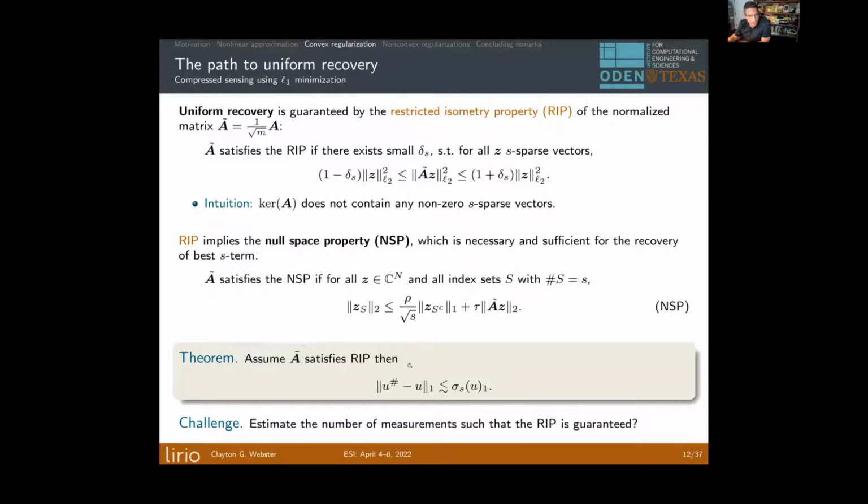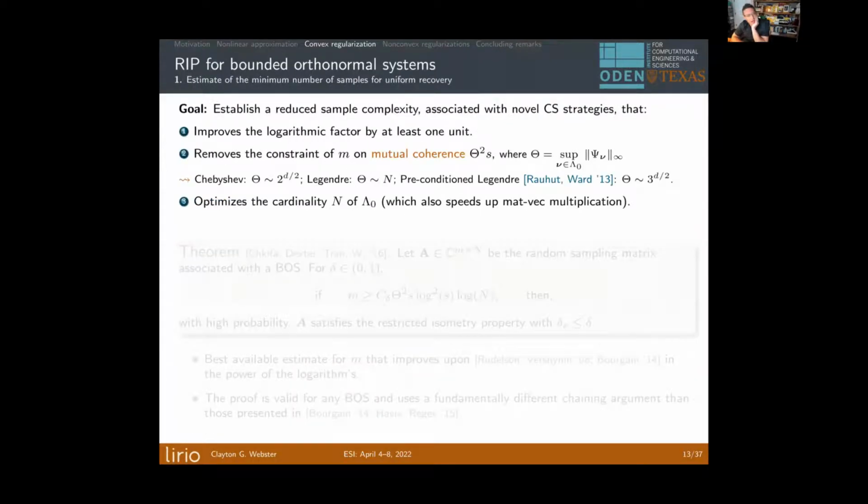And one can show quite easily that if I have a matrix A that satisfies the RIP, then in L1 I can bound this by the best S term approximation, which I've denoted here as sigma S. Now, the challenge then is, how does one estimate the number of measurements to guarantee that the RIP is true? Okay. And so this is where we really got engaged in this area, not just in the high dimensional case, but even in the signal processing case.